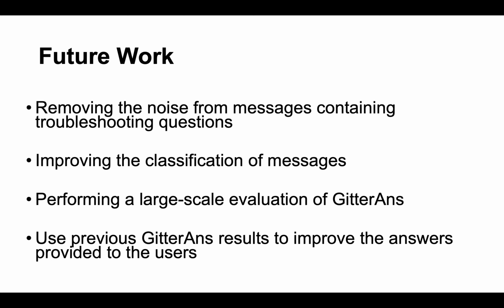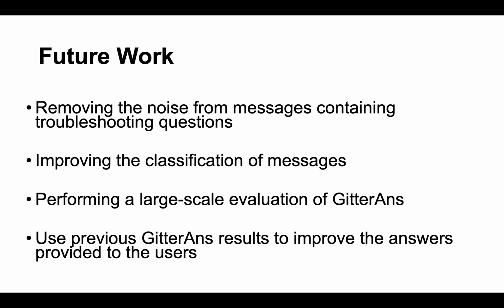Now, when we were looking through the results of our search for answers component, we found that for the 51% of messages for which GitterAns was not able to provide a meaningful Stack Overflow post answering the question, if we removed noise from those messages, leaving only the core question primary information, and ran the Google custom search on that, we were actually able to get answers to those messages' questions in the same manner that we did for the 49% that we actually found answers.